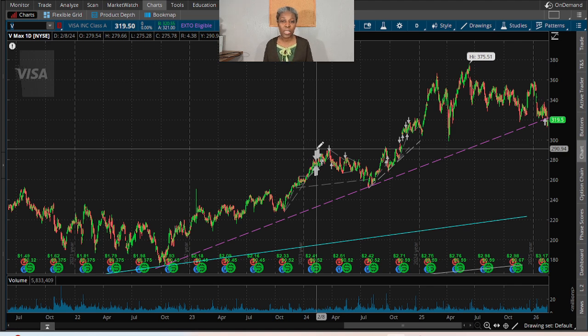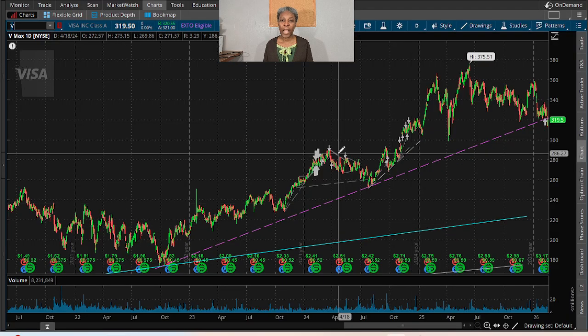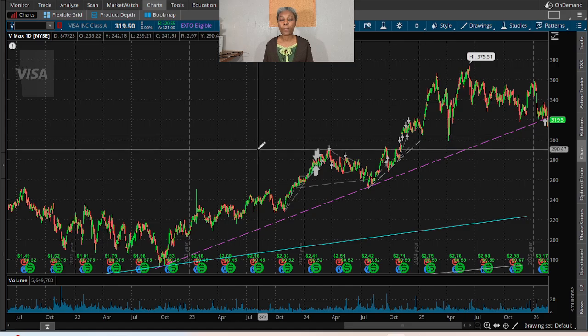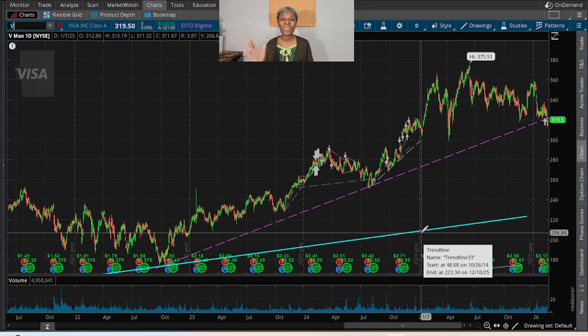When it comes to me, the resistant line does not matter to me to buy stocks. I think about it to sell stocks because swing trading growth stocks, I pay attention to the higher lows for the support line passing by the higher lows of the chart.